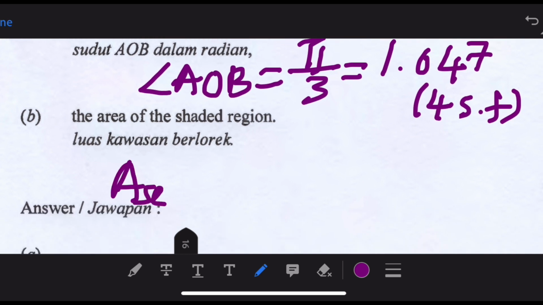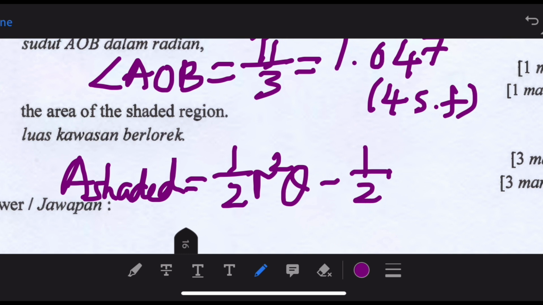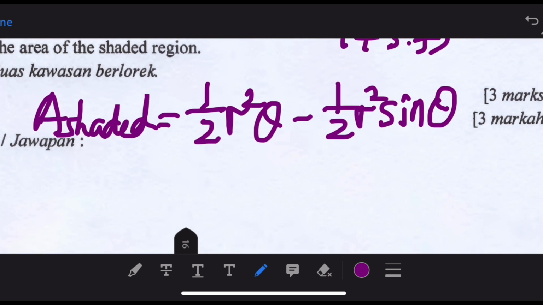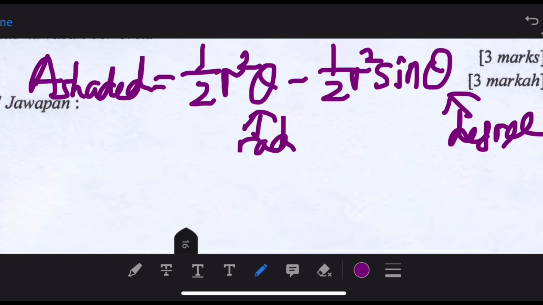Now for question B, you're asked to find the area of the shaded region. So the area of the shaded region is actually the area of the segment. So we will use the area of the sector, which is 1 over 2 r squared theta, minus the area of the triangle, which is 1 over 2 AB sine C, but the A and B are the radius, and the C is the angle between the two radii, which is the theta.